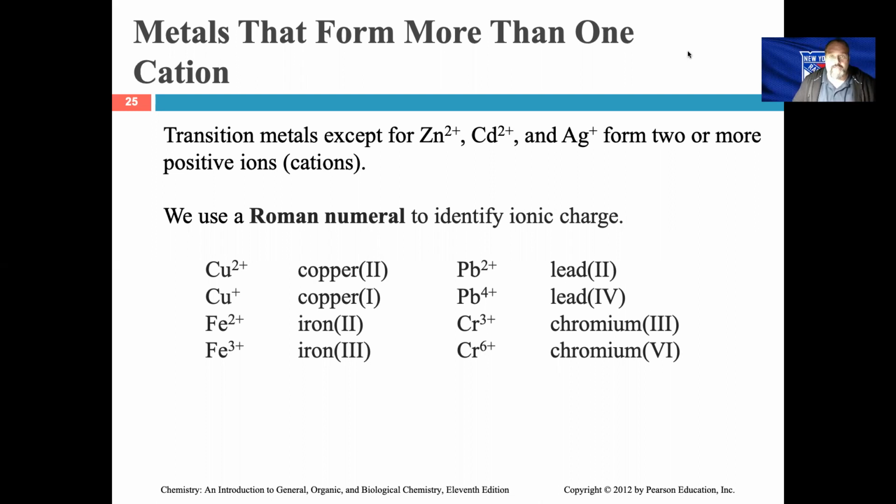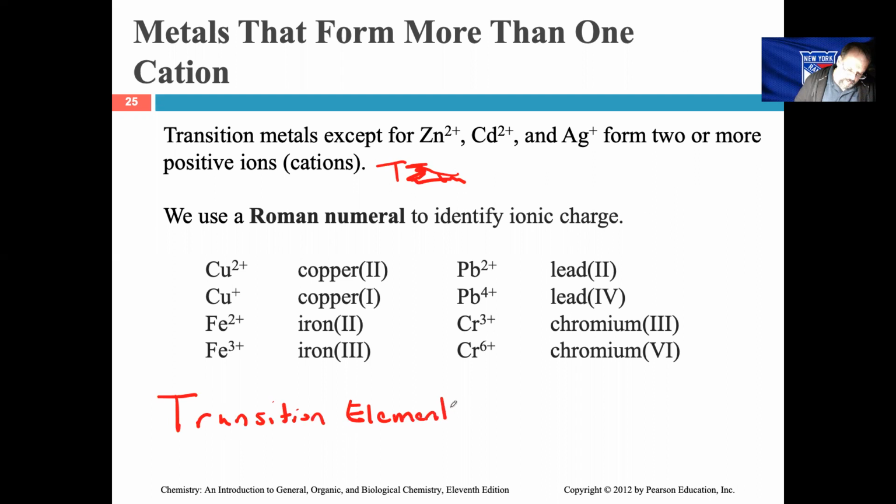The exceptions are zinc, which only forms a +2 ion, cadmium, which only forms a +2 ion, and silver, which only forms a +1 ion. So remember, your transition elements are your B group elements.